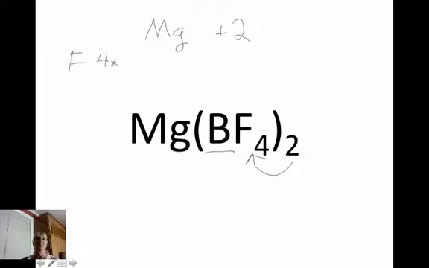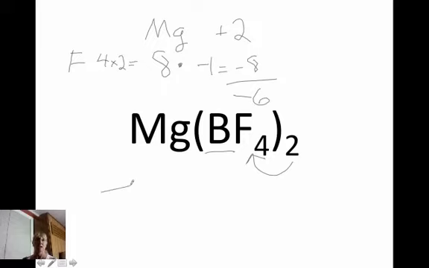I have 4 times 2 equals 8 of those guys. And now each one of them, if you look at the rules, fluorine's always going to be -1. So there's -8 worth of oxidation numbers coming from the fluorine. If I add a +2 to a -8, so far my running total is an oxidation number of a -6.